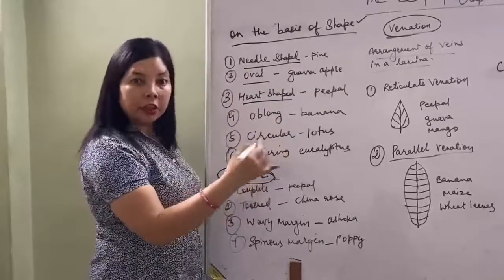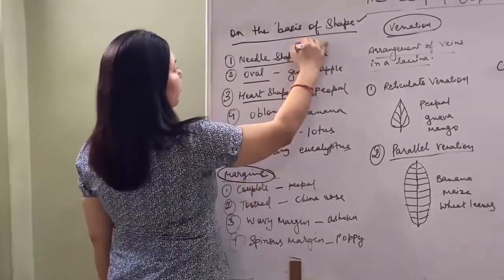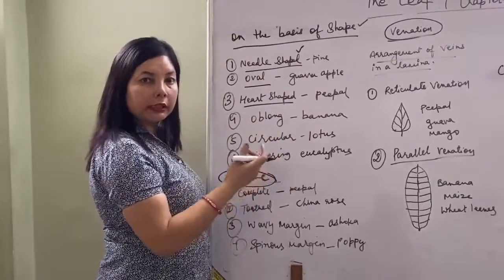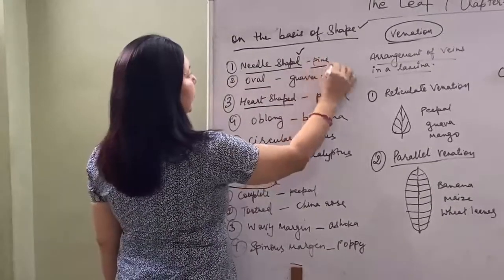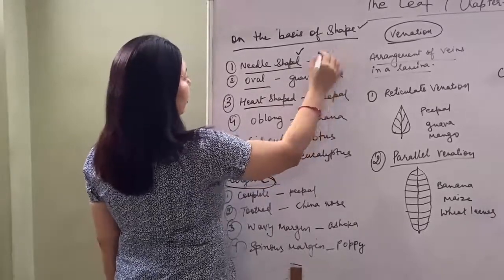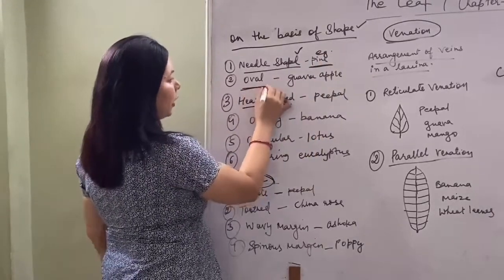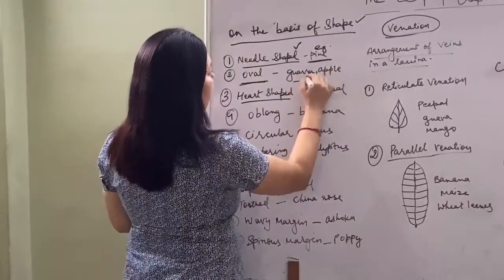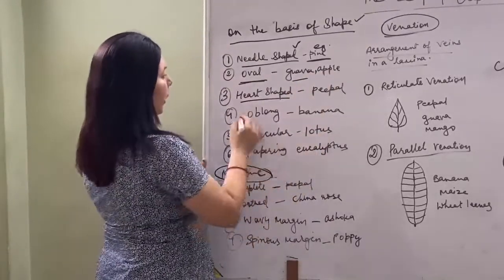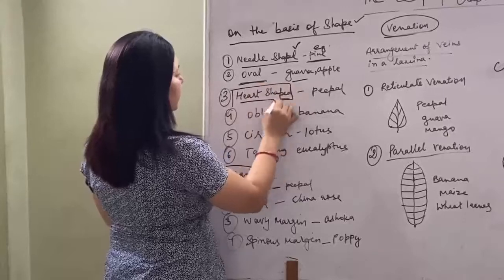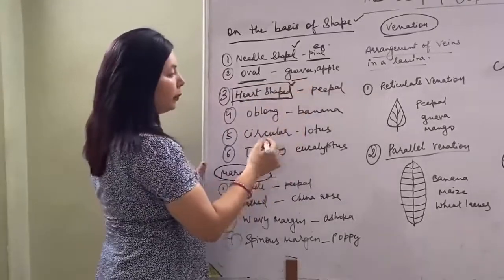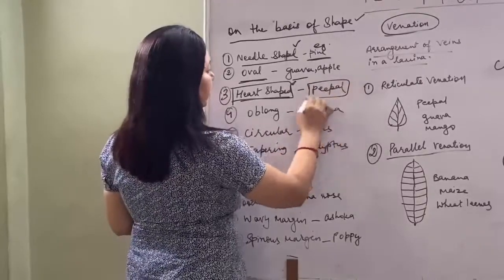Like we can have needle shaped leaf. If the shape of the leaf is of needle, we'll call it needle shaped leaf, like for example pine. Okay, if the shape is oval, we can call it oval leaf, like in the case of guava, apple, etc. Now if the shape of the leaf is heart shaped, then we can call it heart shaped leaf, like in peepal.